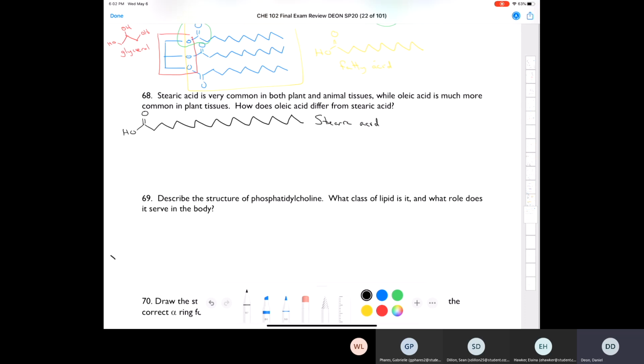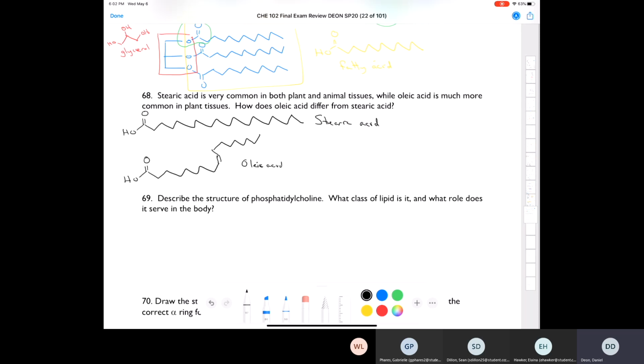is beef fat. And then if I wrote the structure of oleic acid, so help me God, 1, 2, 3, 4, 5, 6, 7, 8, 9. And it's a cis fat. Anyhow, close enough. So this is oleic acid. Stearic acid is common in plants and animals, while oleic acid is found in plants.